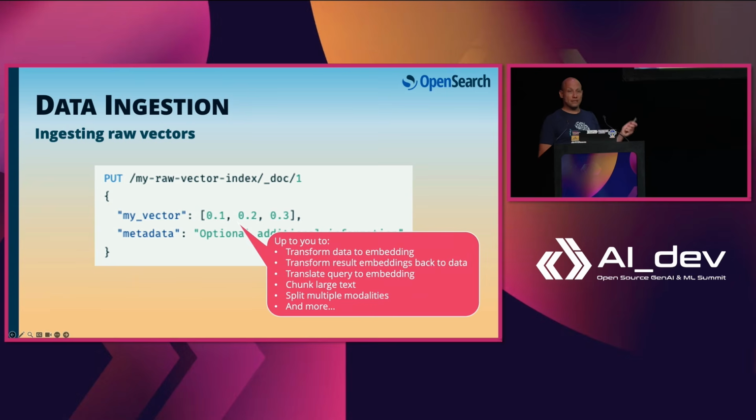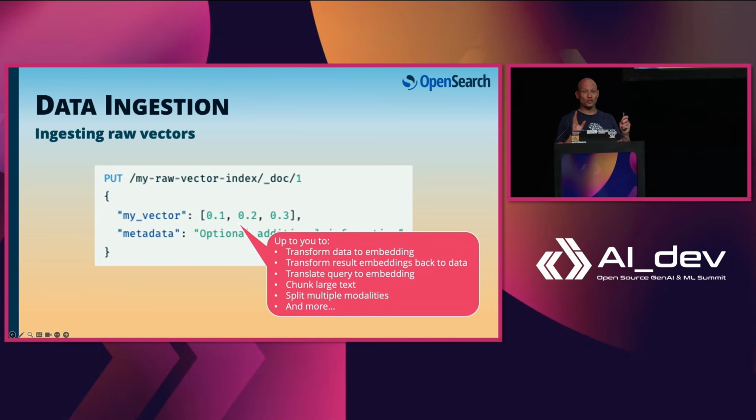That, however, means that it's up to you to transform your data into vectors for ingestion, and then transform the queries into vectors as well, so you can run the similarity search, and then when you get the resulting embeddings, you need to then transform them back to get the original data. And then what if your text is too big for the model, or your data has multiple modalities that require different models?